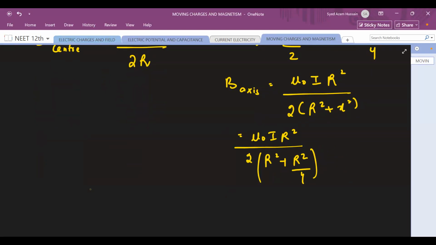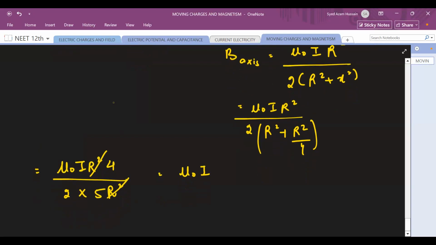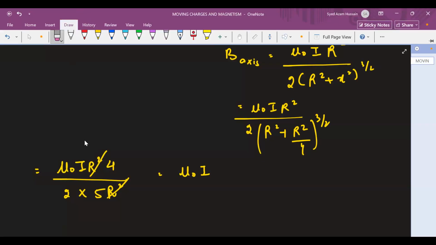So this we can write as mu naught I r square into 4 divided by 2 into 5r square. Let's keep the power 3 by 2 also here, otherwise r will be cancelled.